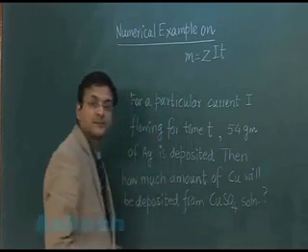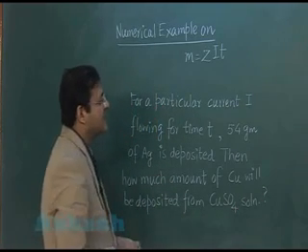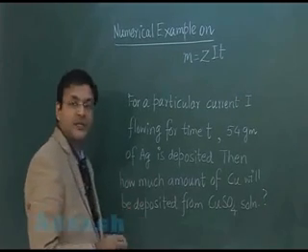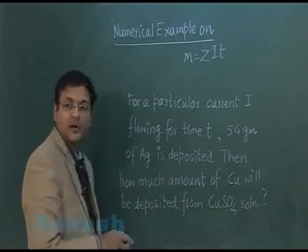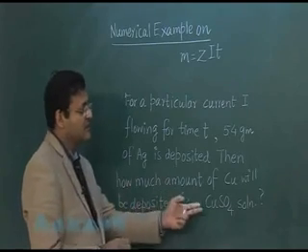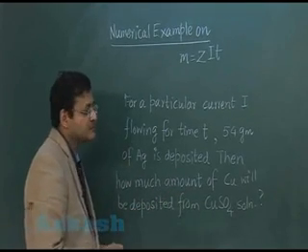This is your question. The question is saying that 54 gram of silver is being deposited for a particular current for a particular time. Then how much amount of copper is being deposited from this copper sulfate solution?